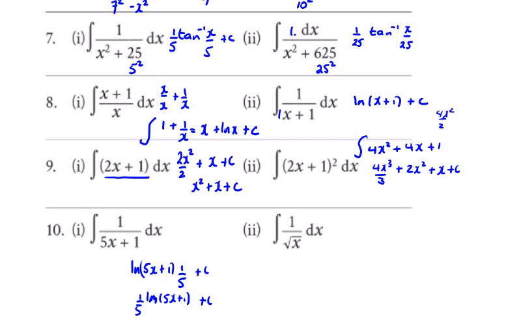And 1 over the square root of x is x to the minus a half. We bring it up. So if we increase the power by 1, we're going to get x to the power of a half and divide by the new power. The top is the square root of x, and the 2 will come up, so it'll be 2 root x is what this will become, plus c.